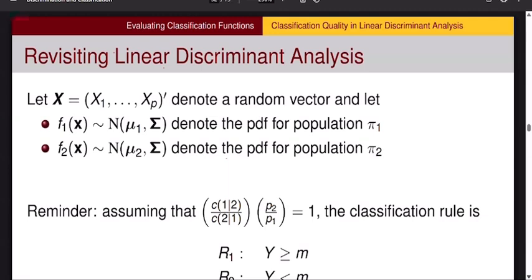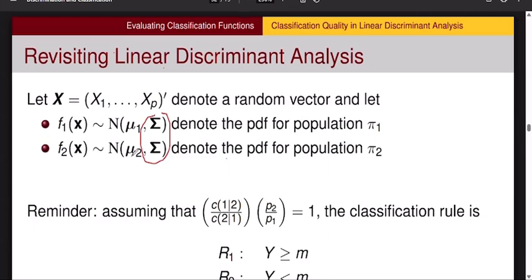Now, I want to also revisit linear discriminant analysis. Don't forget, in linear discriminant analysis, the covariance structures are the same for the two populations. You can see the only difference is just the mean.